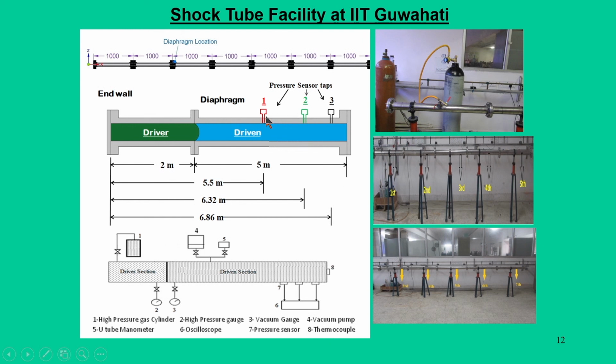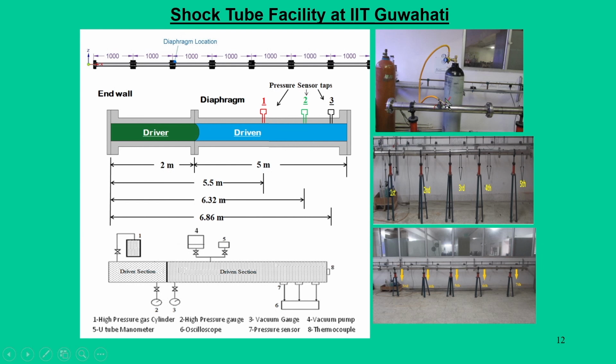In fact, the pressure transducers can be mounted at different locations 1, 2, 3, as I showed, and some of the signals give the rise in pressure jump across the primary as well as the refracted shock. Since we know the locations, we know the distance between 1 and 2 or 2 and 3, whichever way you take it; if you know the distance and the time, we can get the shock speed from the pressure transducer data.